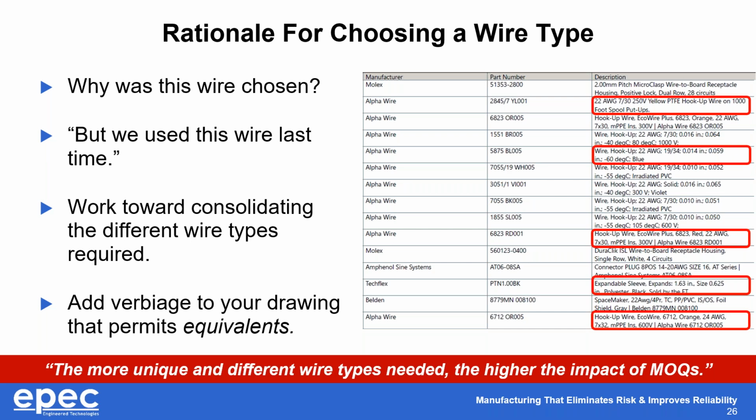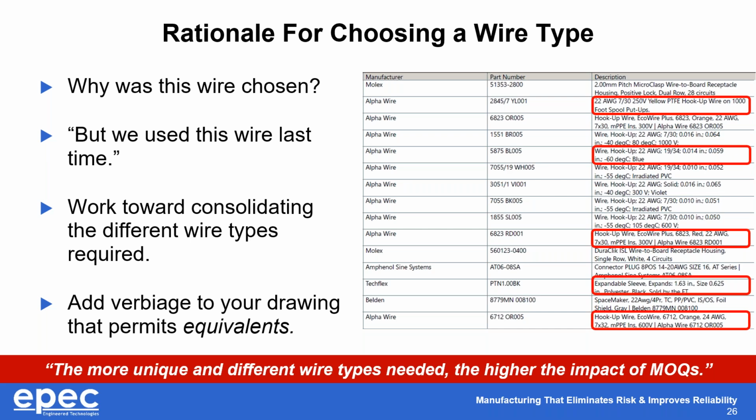This particular example gives us 5 different wire types that are all used in the same harness. We reviewed the application and it became clear the customer only needed hookup wire rated for 105 degrees C. This is important because if we did not have a conversation and we quoted this, this probably would have been a $500 harness.